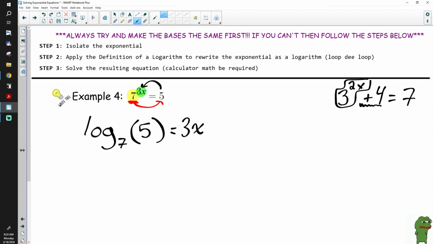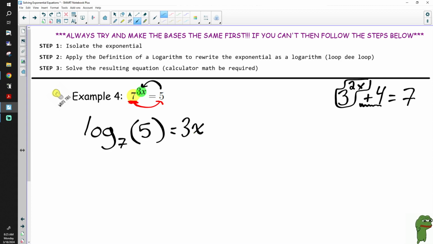The 5 is the value that goes inside the log, and logs are always equal to whatever the exponent is. Logs find exponent. So log base 7 of 5 equals the exponent, 3x. And now you'll see 3x is not an exponent attached to a base anymore. We brought the exponent down, and we can actually do some solving.